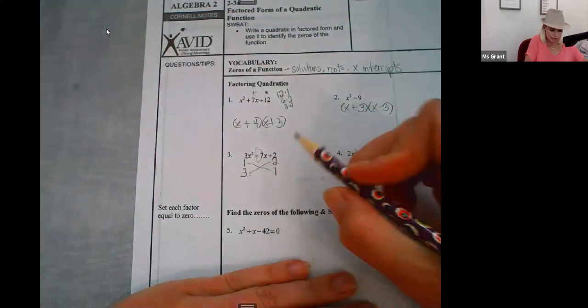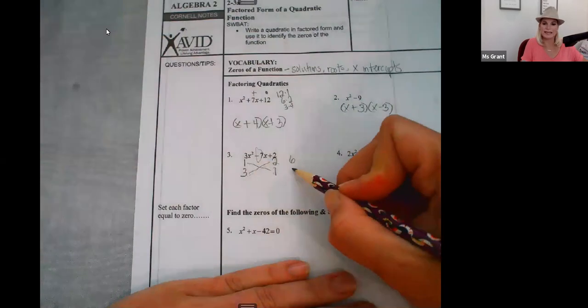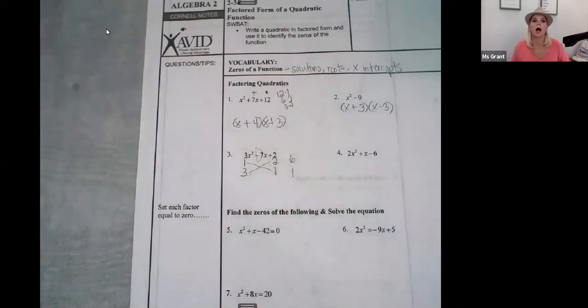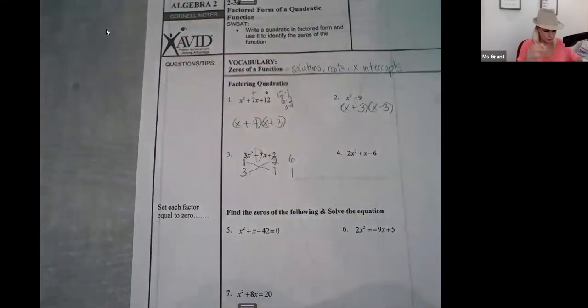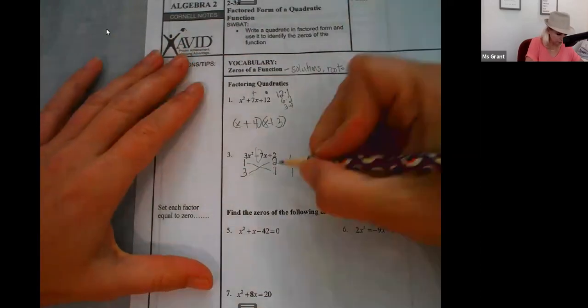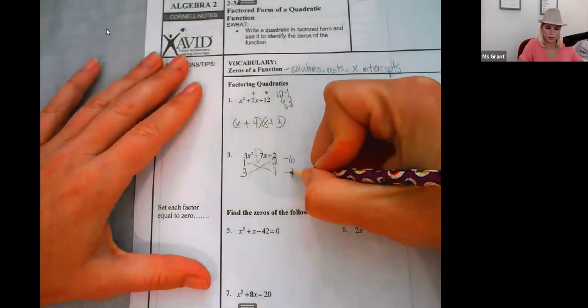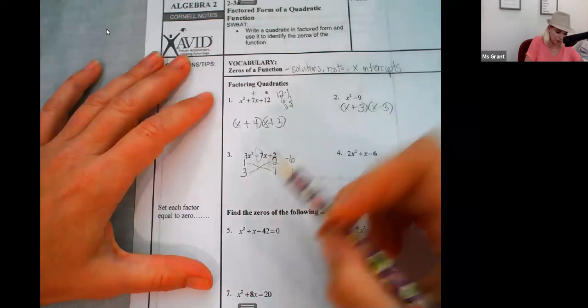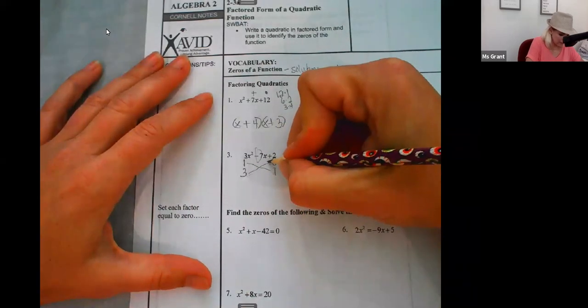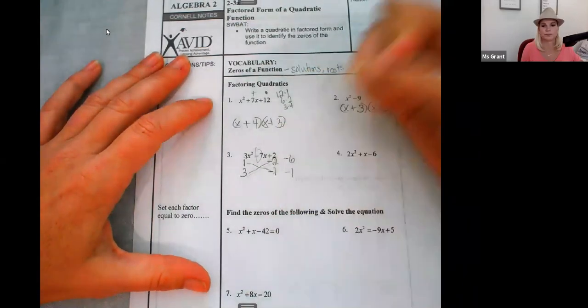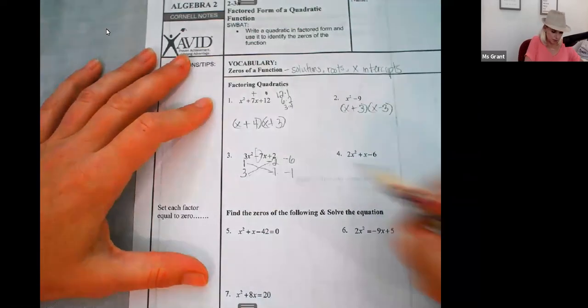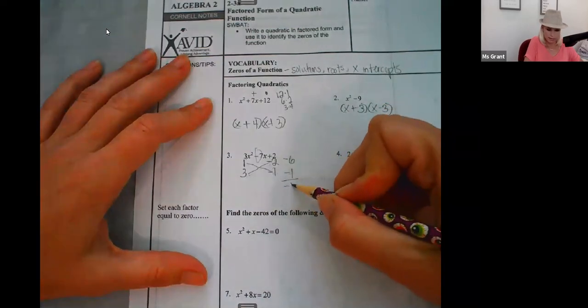3 times 2 is 6. 1 times 1 is 1. Does 6 and 1 make 7? They do, if they're both negative. Which means that I'm going to have to do 3 times negative 2 and 1 times negative 1. Because look, negative 6 and negative 1 make negative 7.